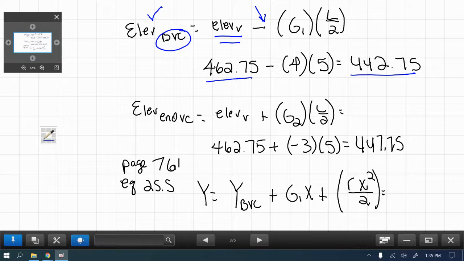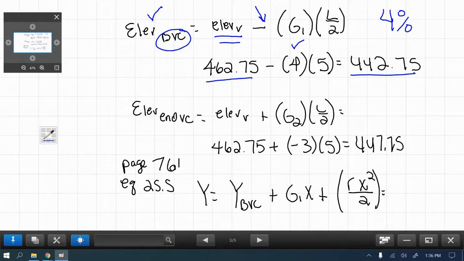Because we're using the grade, that grade is 4%. Because we're using 4%, that's why our L has to be in stations and not in feet. To make the actual computations work out easier, they'll tell you to do it in stations.